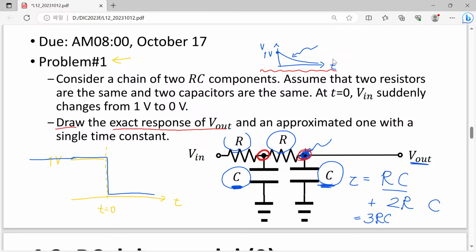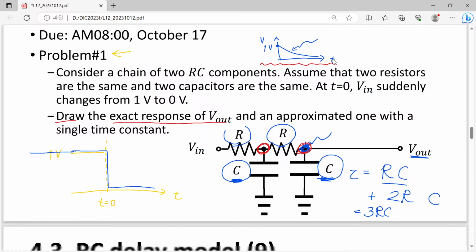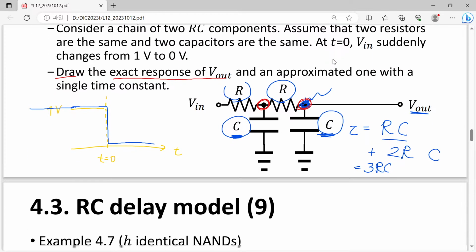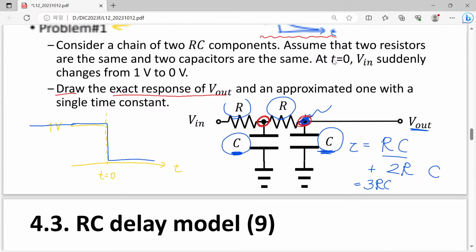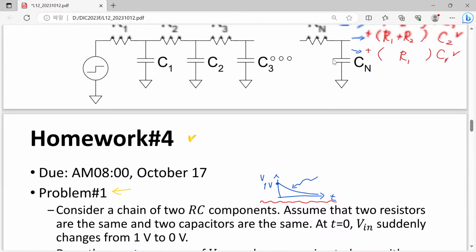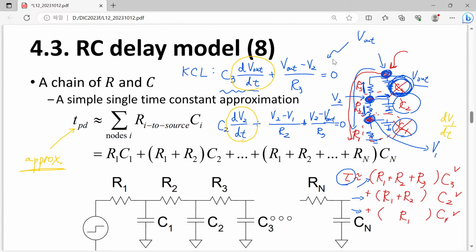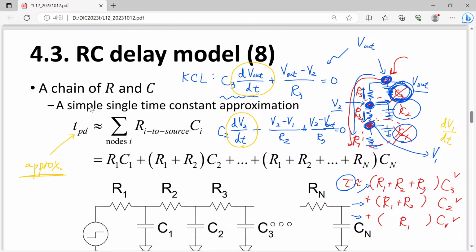The solution is just given. However, how can you find it? Depending on your background, you can find many different ways. Okay. So therefore, I'm just saying that this kind of propagation delay calculation is not accurate.